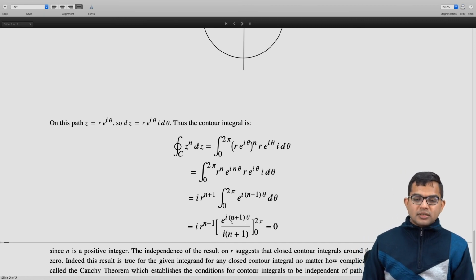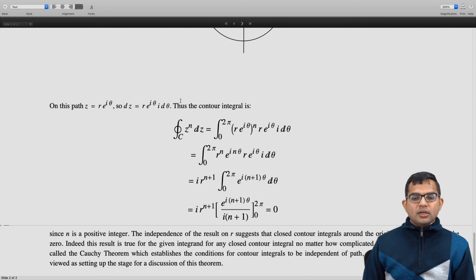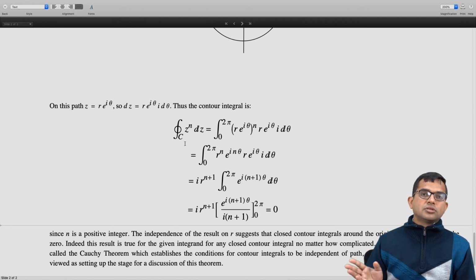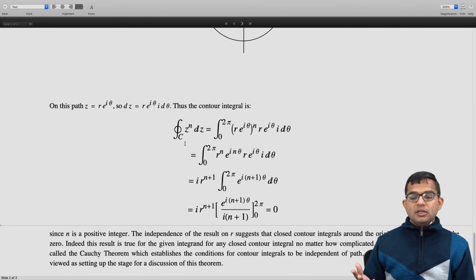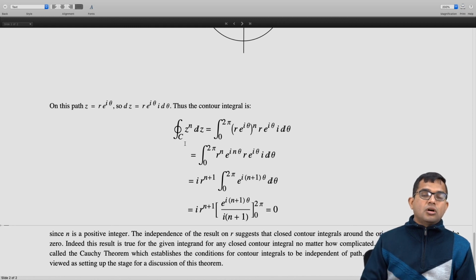In fact, the result is much more general for this kind of integrand. Any closed path which surrounds the origin is going to be zero, which we can show. It does not matter how complicated the path is, as long as it traverses around the origin in some closed path, it's going to be zero.